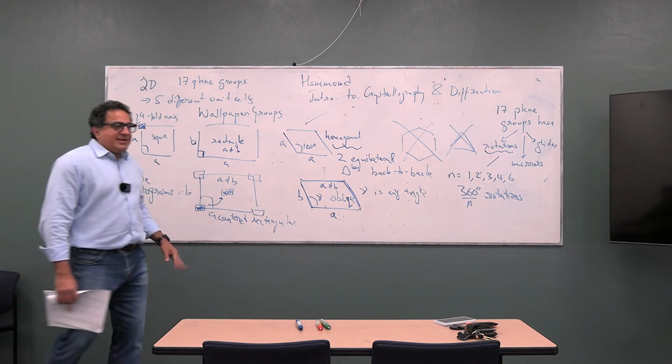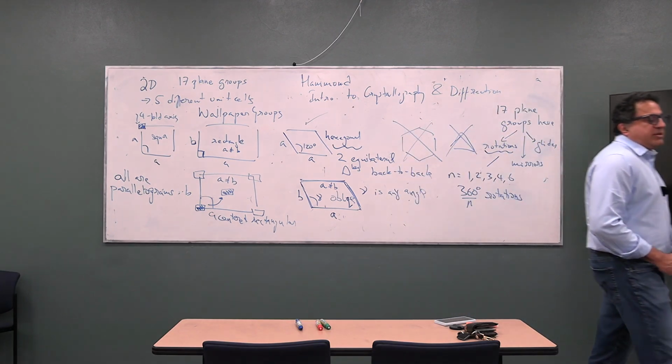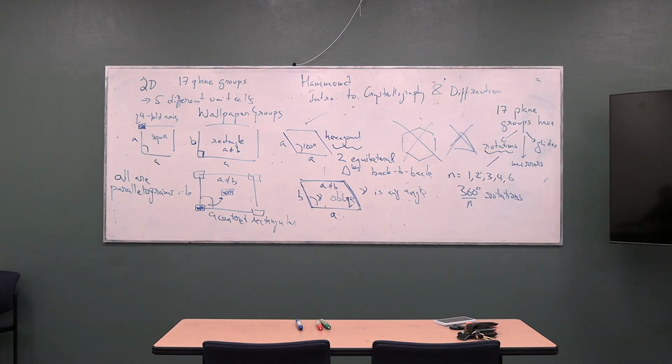So if I give you a pattern and a flow chart, in principle, you should be able to tell me which of the 17 plane groups it is, right? For example, you may just see a 4-fold rotation and no mirrors, it's P4. You may see a 4-fold rotation and 2 mirrors, it's P4mm. Okay, those are examples.